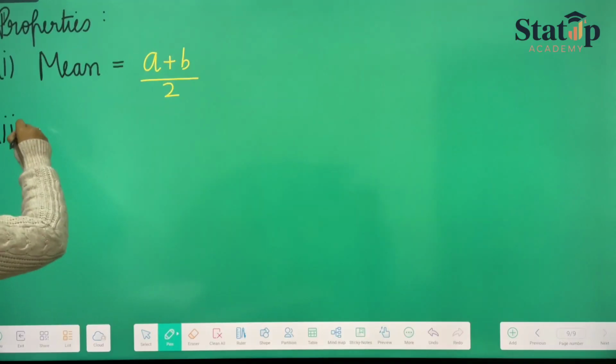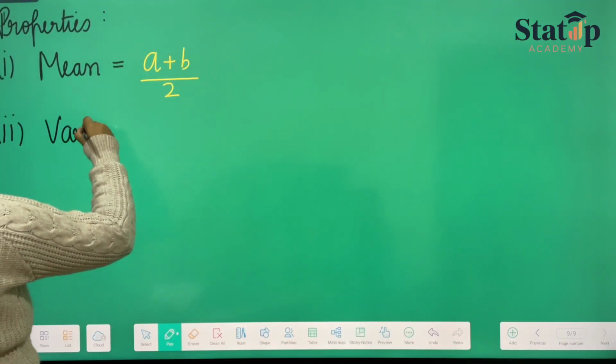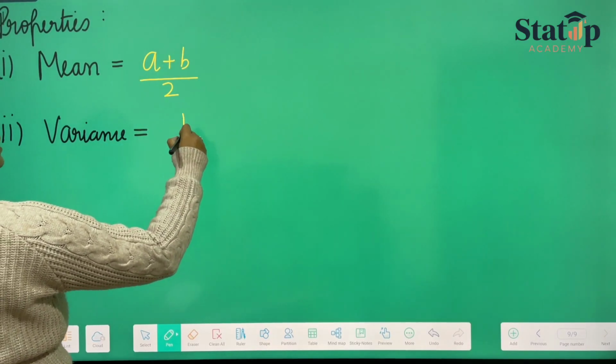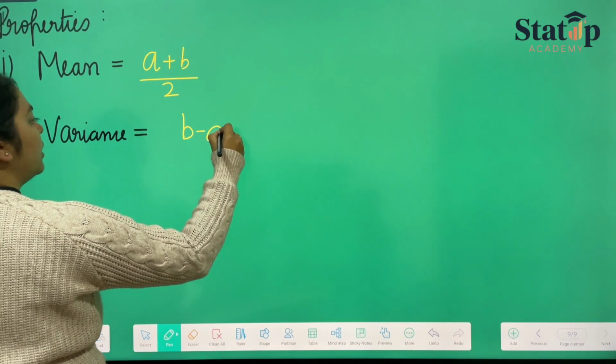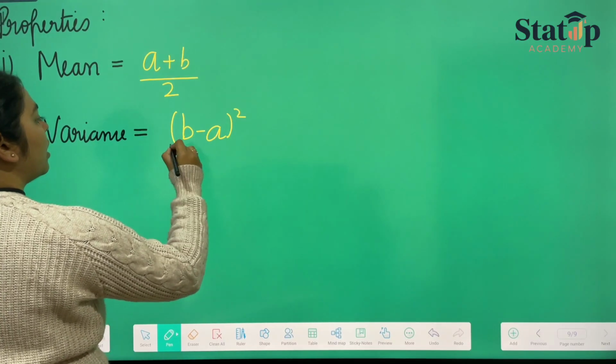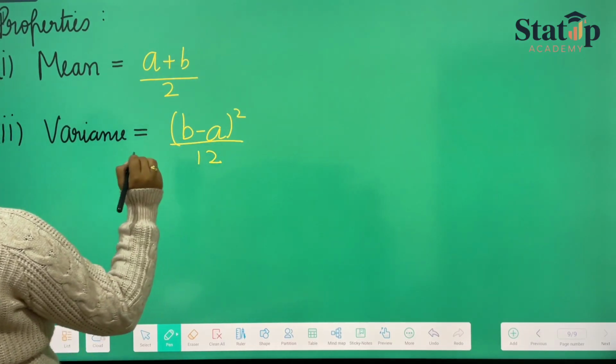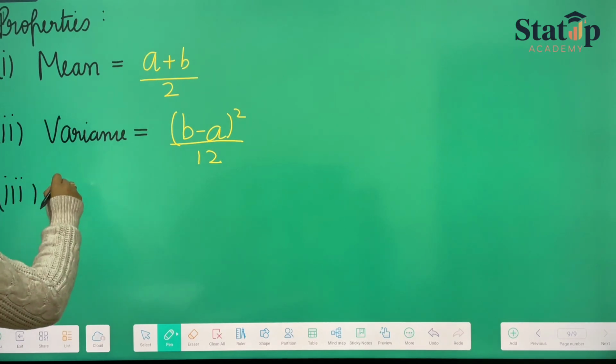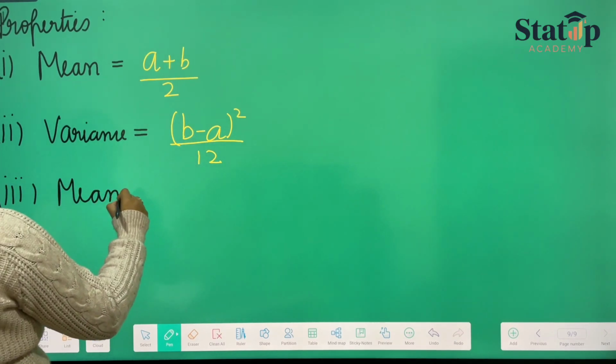Now, if we have to calculate the variance of a uniform distribution, then it has the formula (b minus a) whole square upon 12.